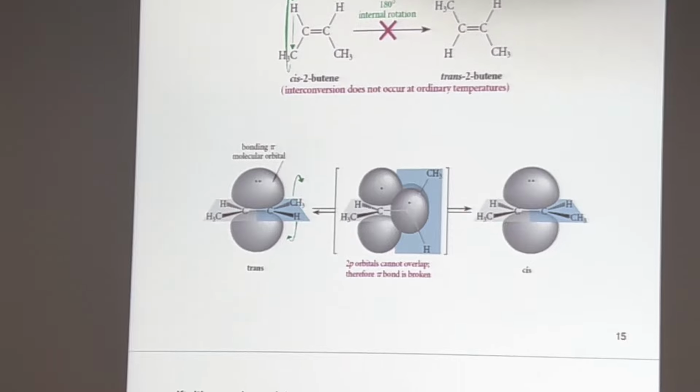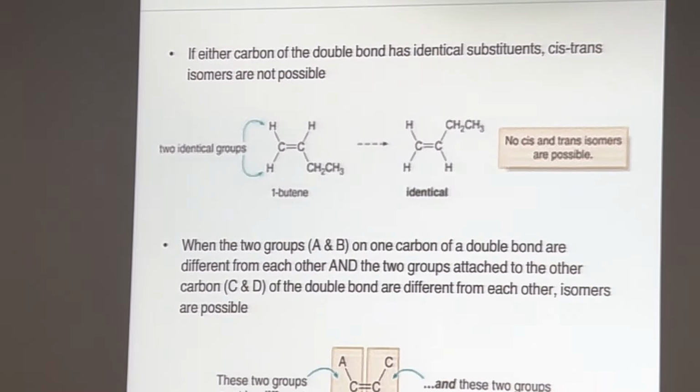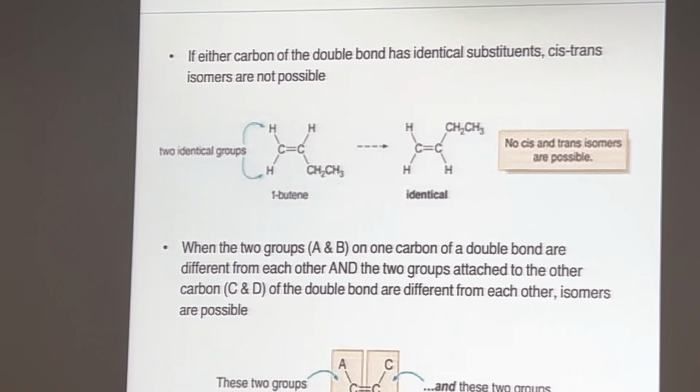Okay, so we talked about restricted rotation. Now let's go ahead and take a look at this slide right here. And this is talking about how to recognize when you need a cis and trans differentiation. So it says if either carbon of the double bond has identical substituents, and remember a substituent is another name for branch.